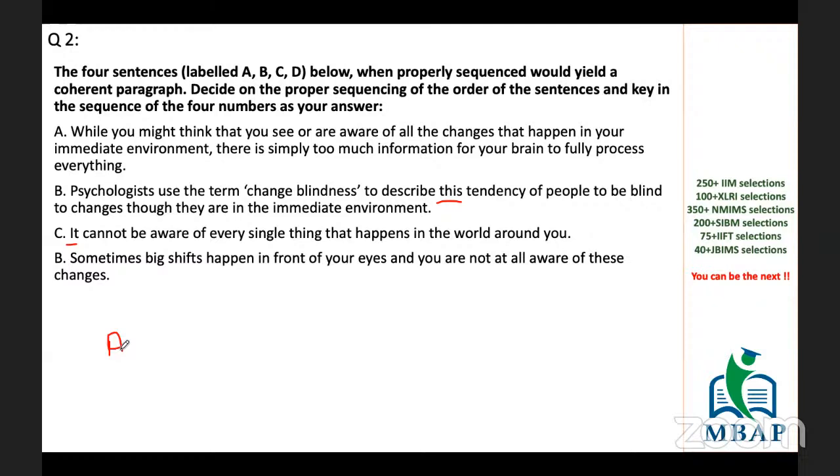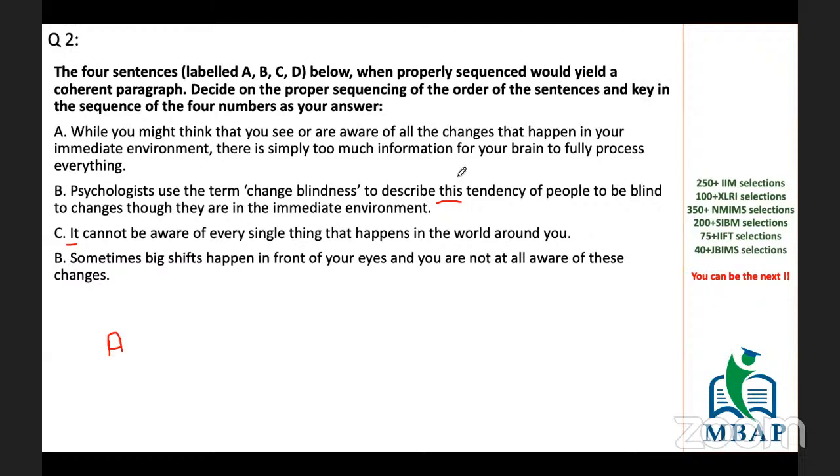Now, there is one thing, just by a single reading, I got that it cannot be aware of every single thing that happens in the world around you. Now, what is this it addressing? Obviously, the brain, because first it's talking about how, while you might think that you see and are aware of all the changes that happen in your immediate environment, there's simply too much information for your brain to fully process everything. So we are talking about the brain only in the first sentence.